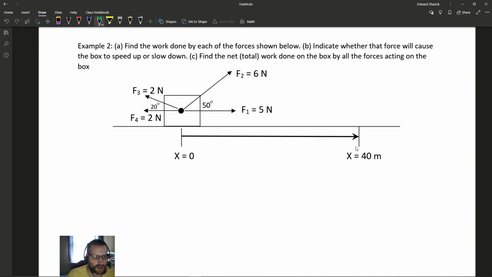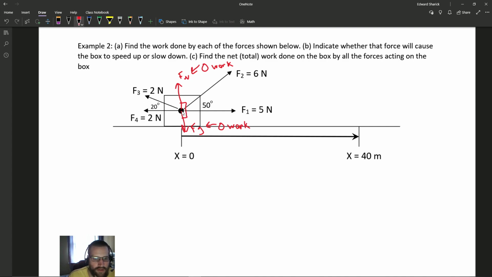That's its x direction. This would be force normal, this would be force gravity, but because they're both at 90-degree angles to the motion, they do 0 work.